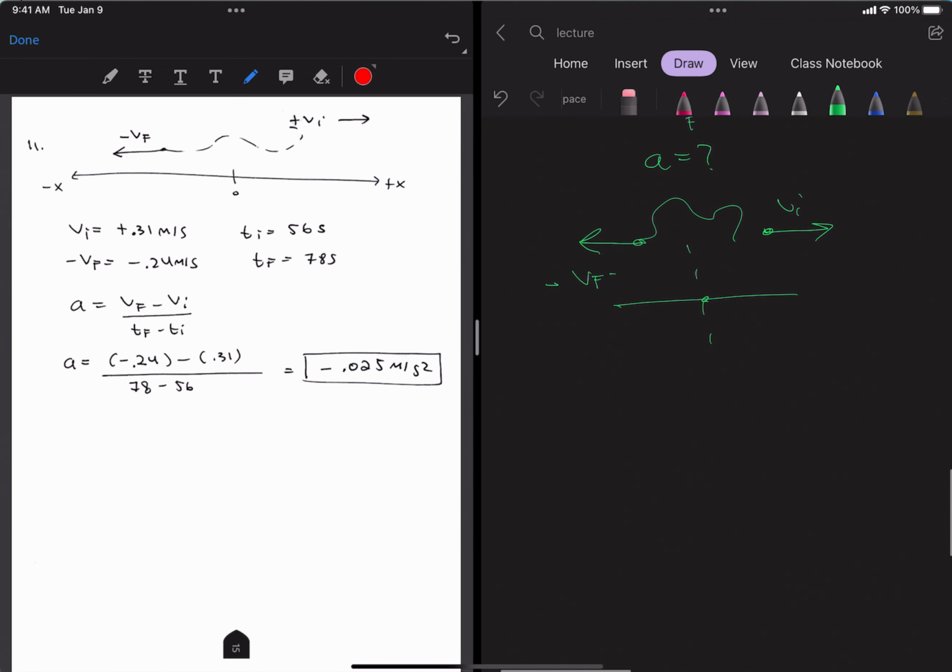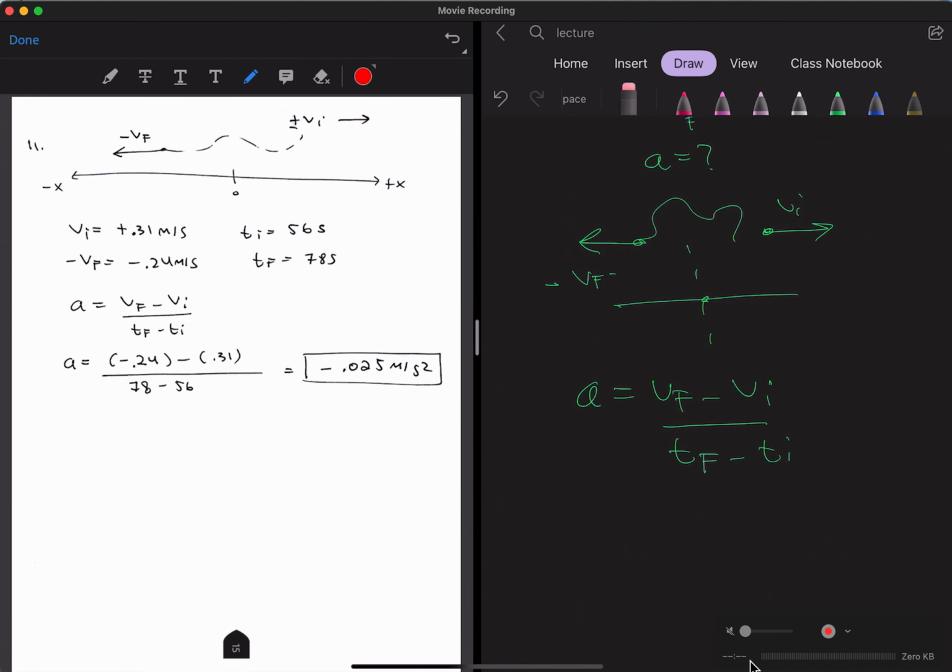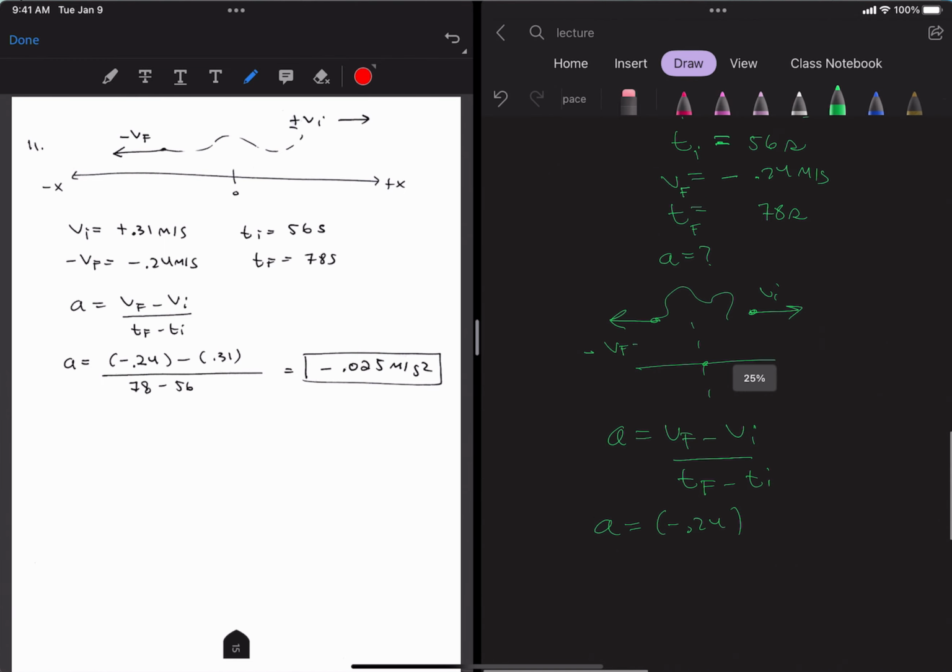So the equation we're going to use is acceleration equals final velocity minus initial velocity over final time minus initial time. And this is a plug in. Well, actually, let me show you those numbers.